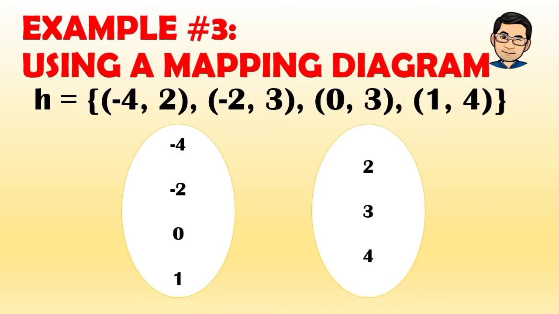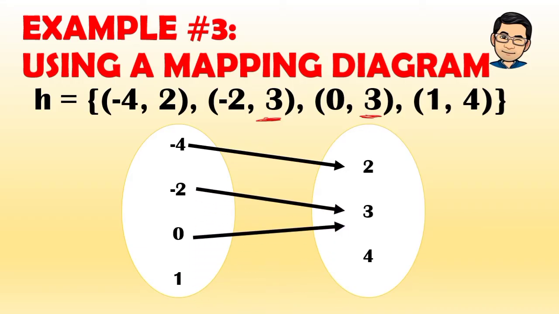Pero dito naman, yung y values natin, tatlo lang since umulit nga itong 3 na to. Okay. And then, connect lang natin. So, negative 4 to 2, negative 2 to 3, 0 again to 3, and then 1 to 4. Okay? So, this is a function.